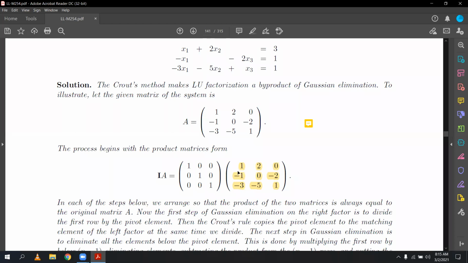But if you change anything here to make it unit upper, you put it in the corresponding position. For example, if here is a 4, you have to divide this row by 4, right? And then you have 1, 2 by 4, 0 by 4, like this. And then you had changed your 4 into 1.